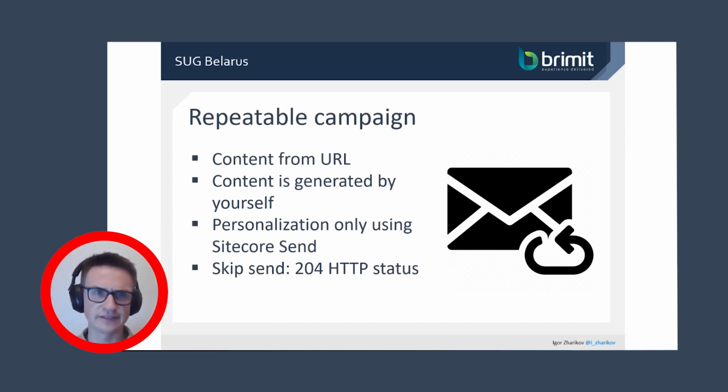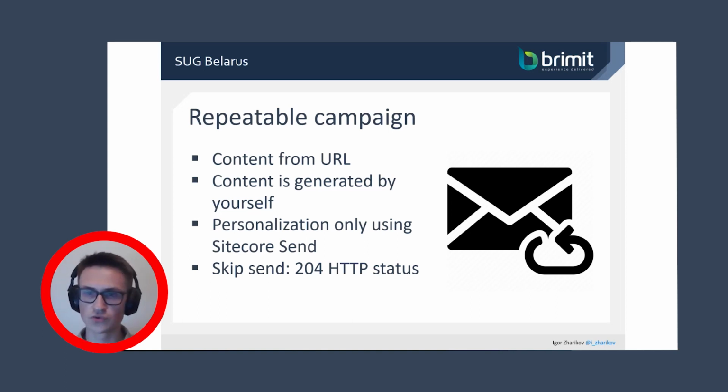Another type of campaign is the repeatable campaign. It automatically loads the design from some designated website resource and sends it to your audience. So you need to provide the URL where this design is located, so Sitecore can download it.